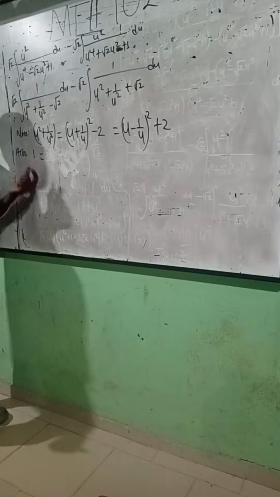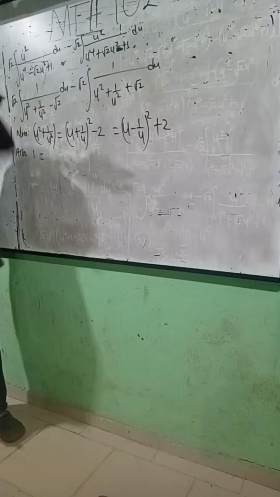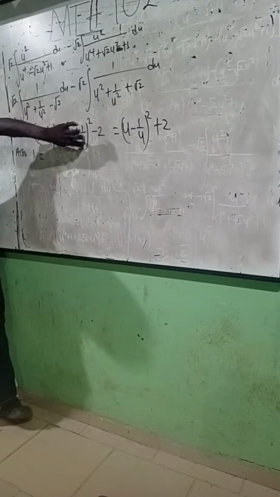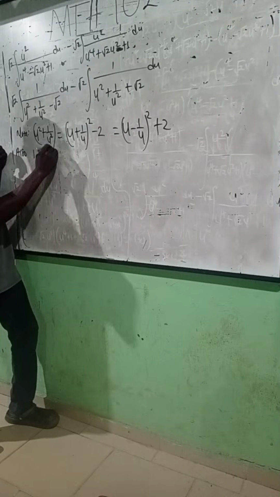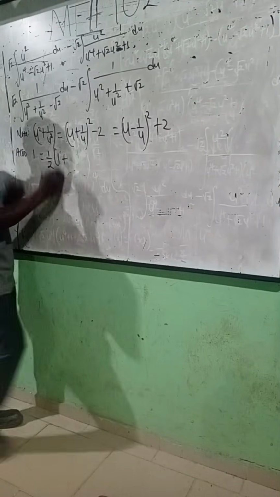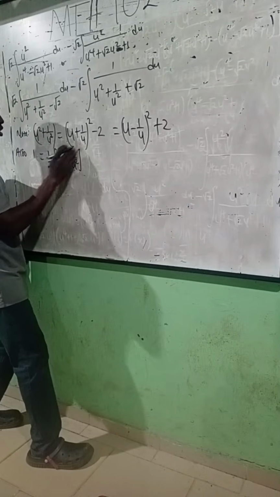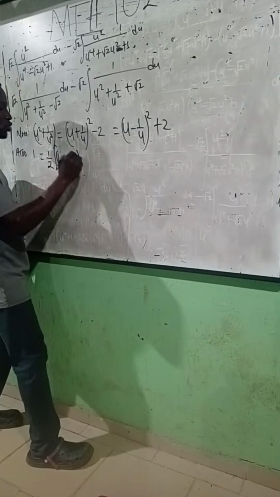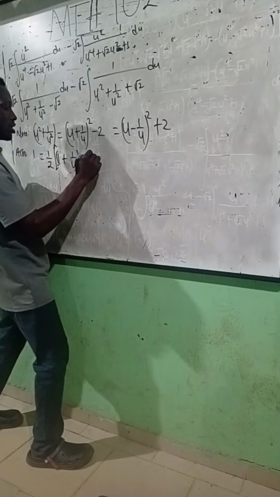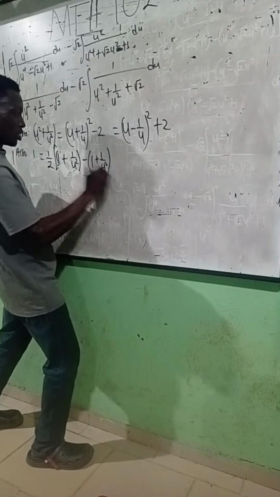Now, do you know why I want to manipulate this? Because of this denominator. If I differentiate this denominator, it can give me something at the numerator. Listen, 1 equals 1 over 2 into 1 plus 1 over u square plus 1 minus 1 over u square.